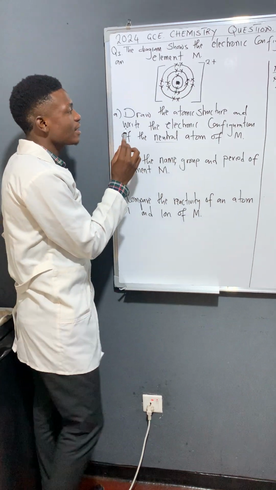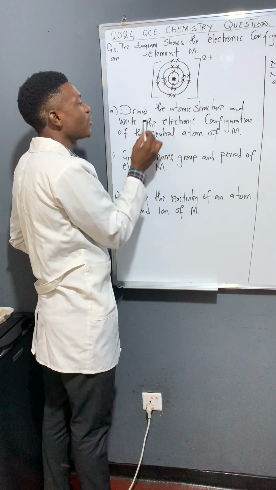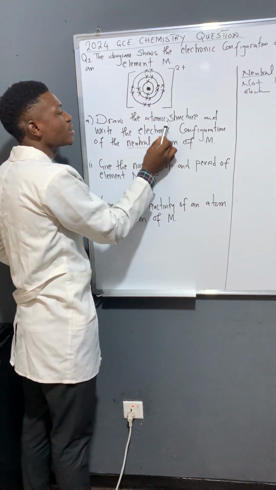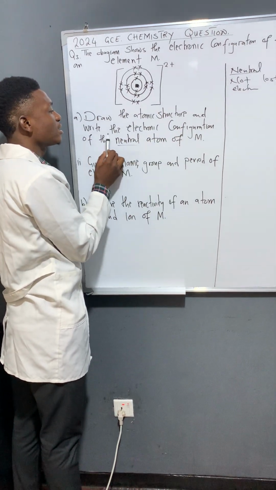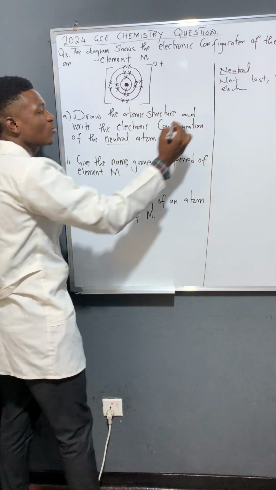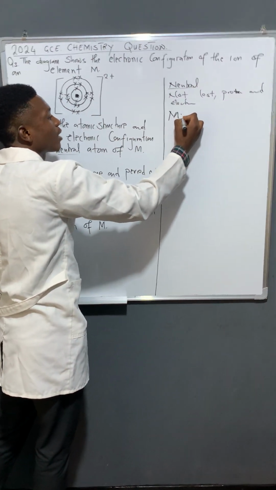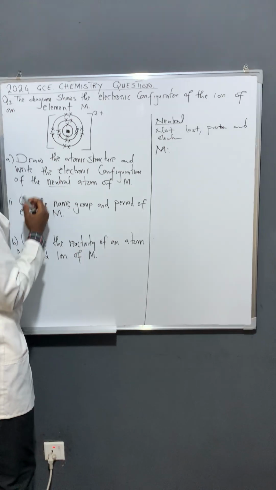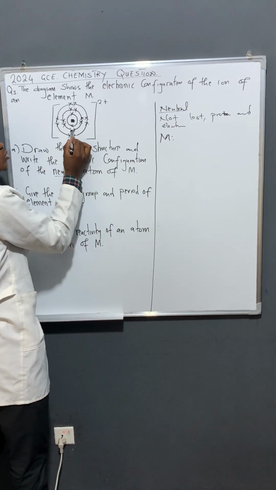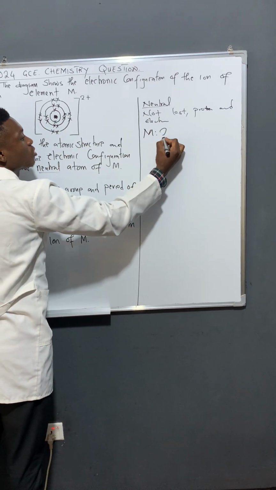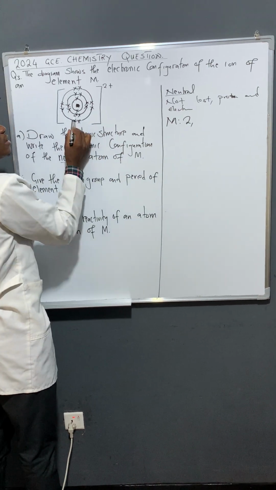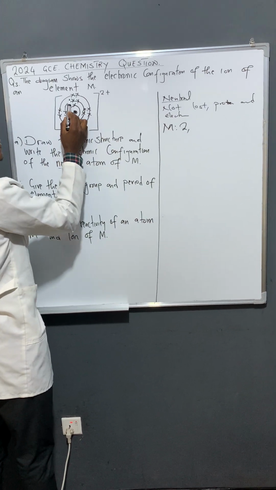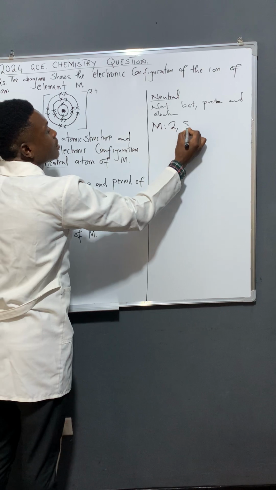So the question is saying, this is what you have been given here. How do you draw the atomic structure and write the electronic configuration? We'll start with the electronic configuration of M. We start with the first shell. The first shell has 2. The second shell has 8.